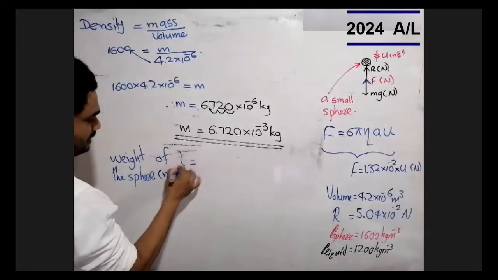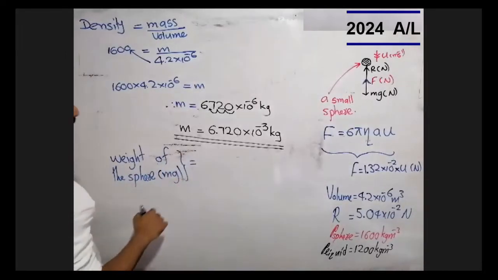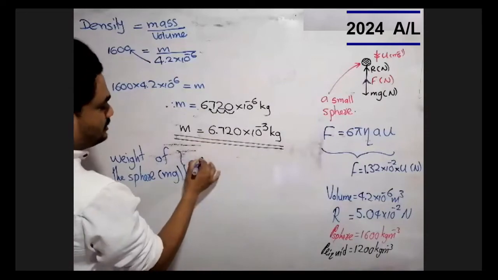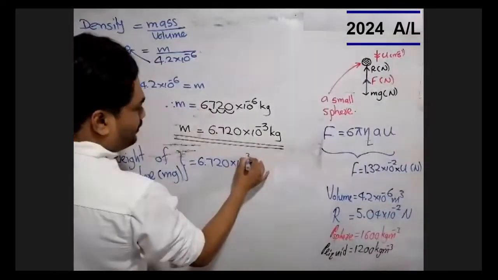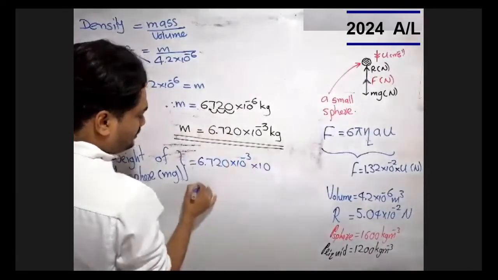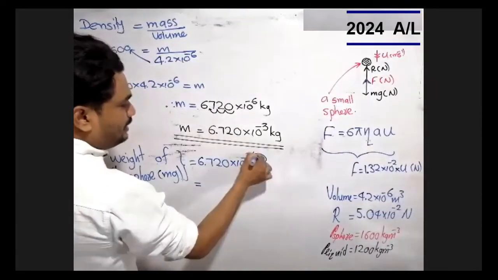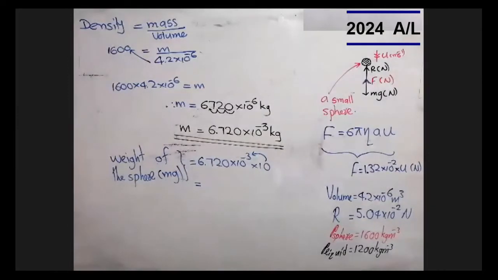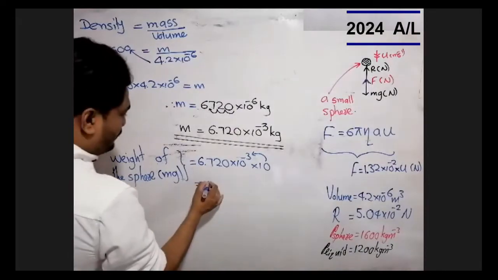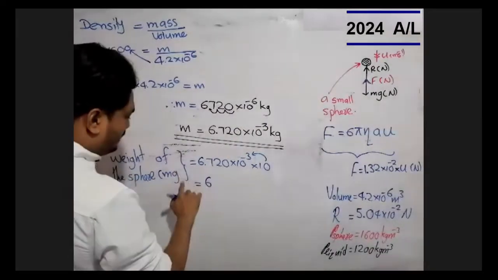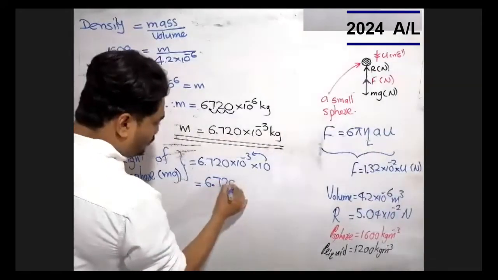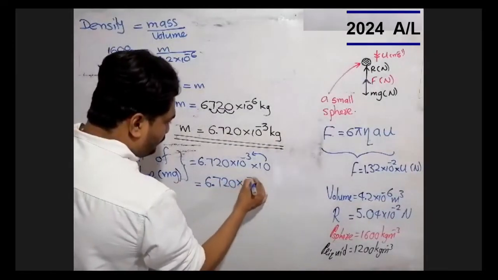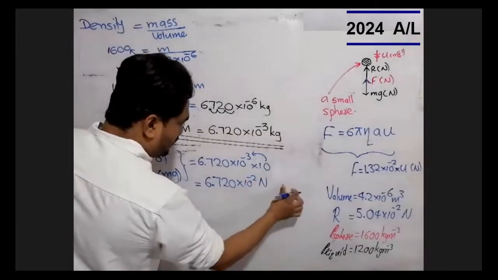M is this one, 6.720 times 10 to the power minus 3, g is 10. If you multiply 10 to the power minus 3 by positive 10, then minus 3 will be minus 2. So the weight of the sphere is 6.720 times 10 to the power minus 2 Newton.